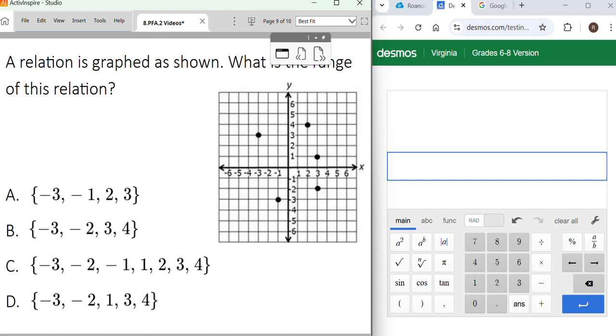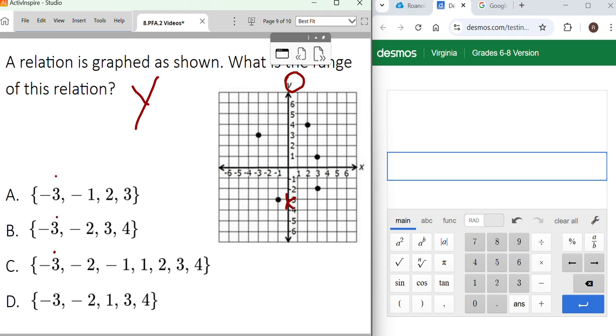This says a relation is graphed as shown. What is the range of this relation? So they're looking for y values. Again, you can list out all the points and pick the y's, but I'm going to use the axis method. So I'm going to look and see where do they land on this y-axis. For this first point at the bottom, it's at a -3.